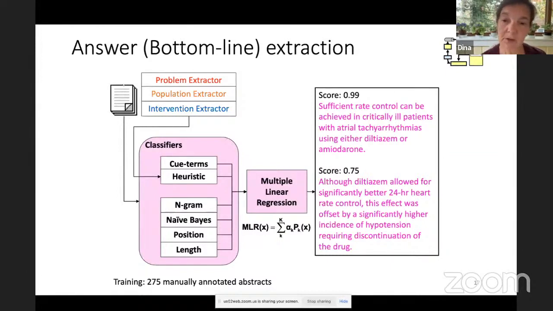If you just look, not at the full text of the article but just at the abstract, and if you look at the last 3 lines, very often this is enough to get a good answer, but not always. So we built several classifiers and a meta classifier to rank every sentence in the abstract and then take the top 3 scoring sentences above the threshold to be the bottom line extracted from that specific article.